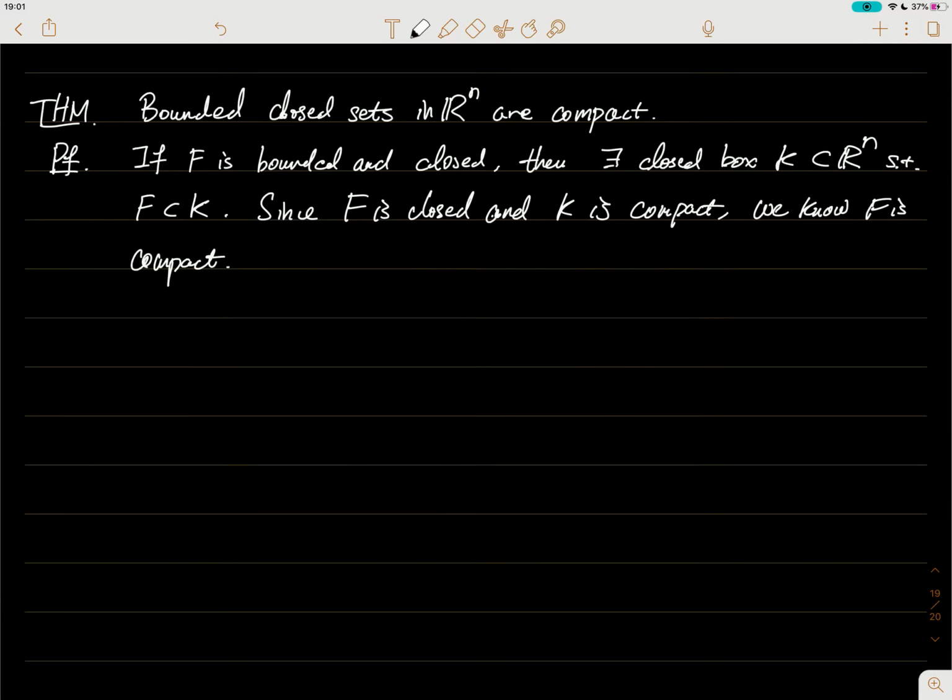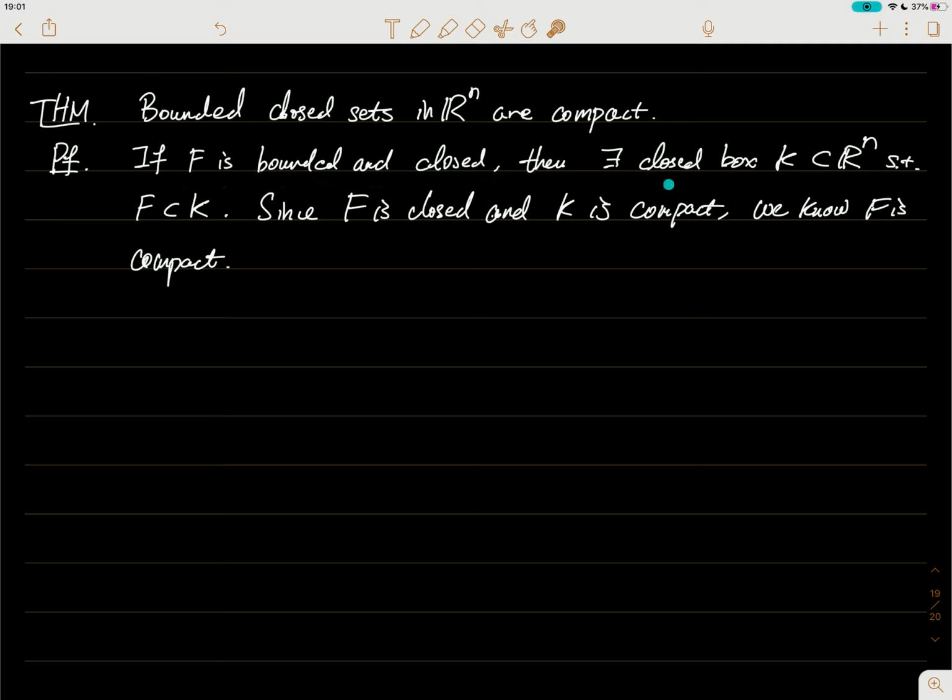Okay, the result above gives us a very useful criterion to check if a set is compact or not in Rn. So the claim we are trying to make here is that every bounded closed set in Rn must be compact. Okay, to show this, let's say that F is bounded and closed, and then because it's bounded, it has to be included in a bigger closed box.